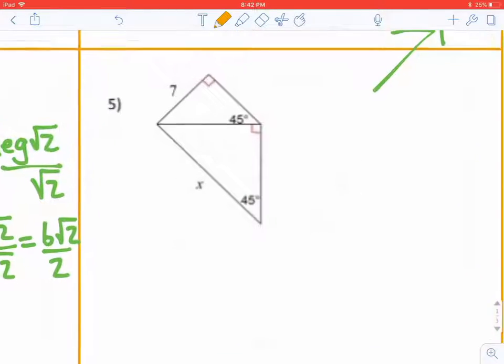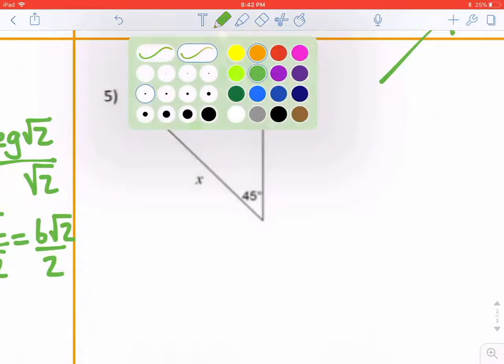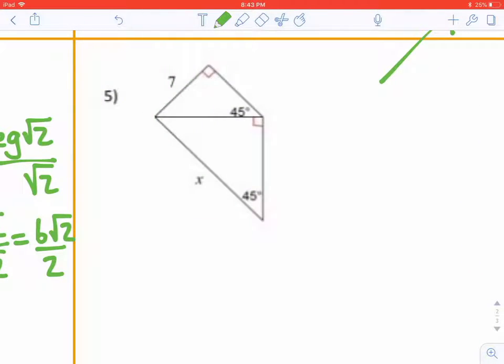All right, let's look at this last example here. In this one, you're given that 7 is the only leg you have. So we need to go ahead and fill in that this other leg would be 7, and then this hypotenuse would be 7 square root 2, because that all pertains to that top right triangle that's 45, 45, 90.